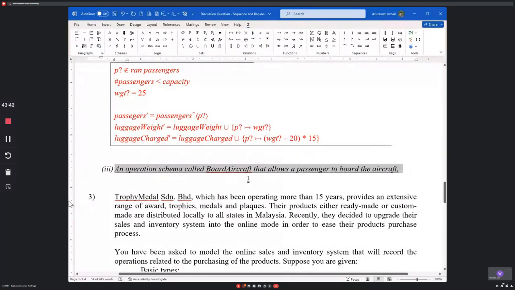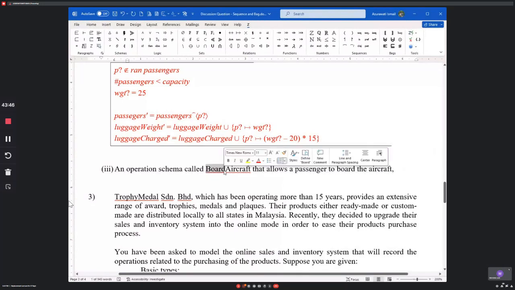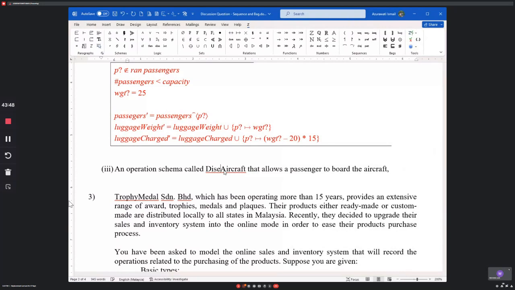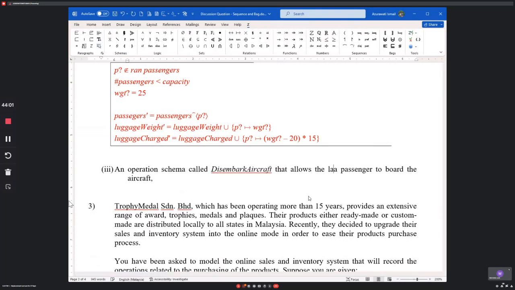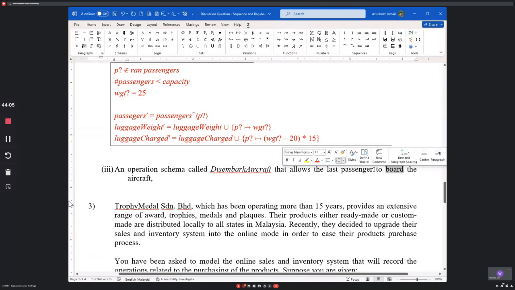I want disembark aircraft, where one passenger is allowed, the last passenger, to leave the aircraft.